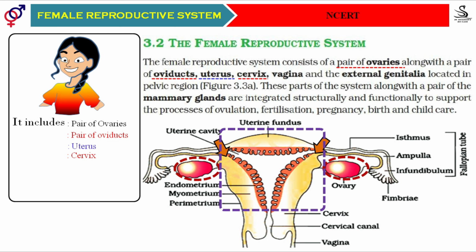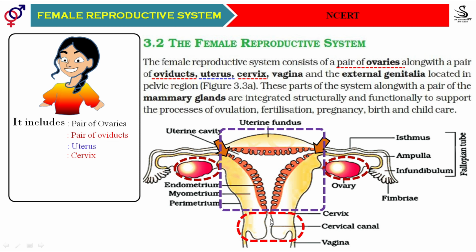Then there is a small portion called the cervix. The cervix, students, is a narrow part at the lower region of the uterus. It has a small canal inside it, and that canal is called the cervical canal. Are you able to observe here, students?